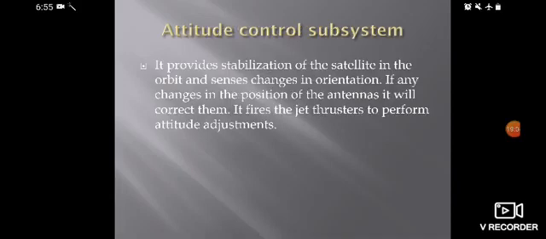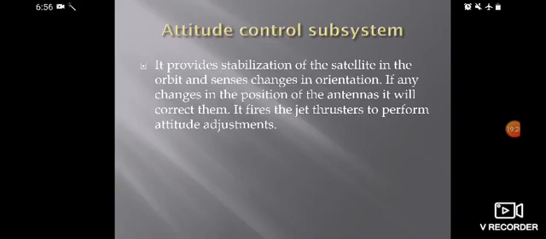Okay, and the next one is the attitude control subsystem, which provides stabilization of the satellite in our orbit. It senses changes in the orientation, and if there are changes in the position of the antennas, it will correct them. It fires the jet thrusters to perform the attitude adjustment.